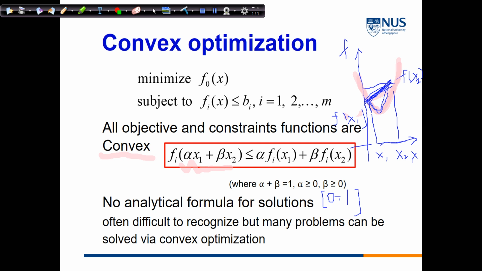The opposite of convex is concave. If you think about the definition of concave, it will be introduced next lecture. But convex optimization is easier to solve, although there is also no analytic form for solutions.